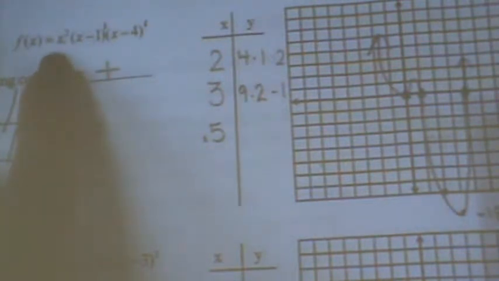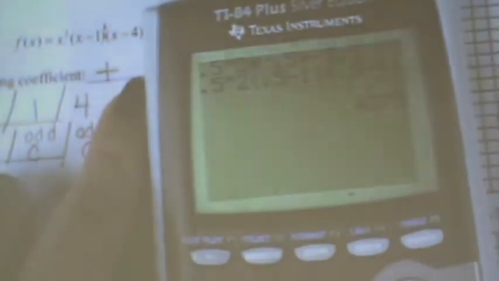So 0.5 squared times 0.5 minus 1, and then times 0.5 minus 4. You get 0.4375.